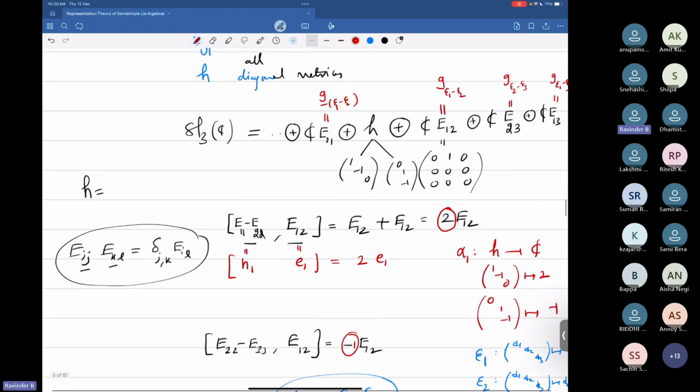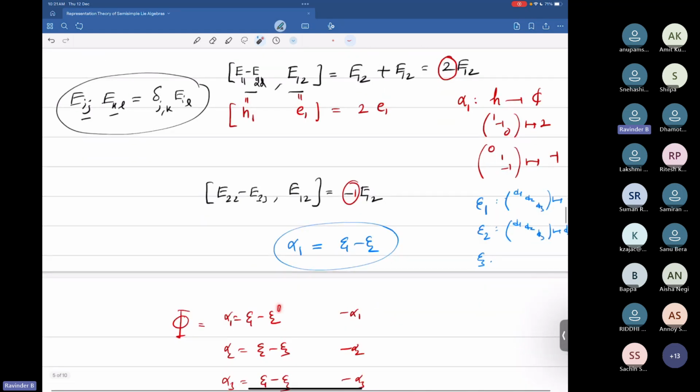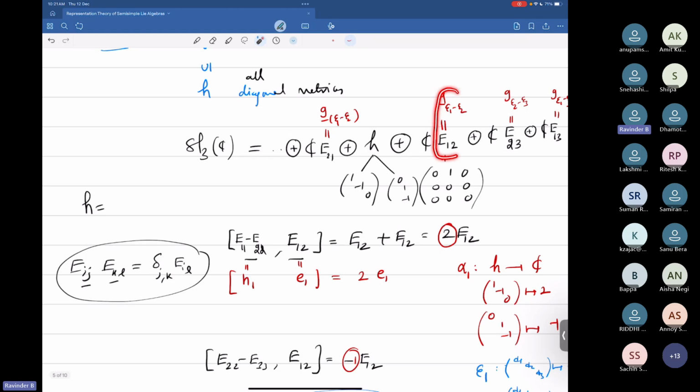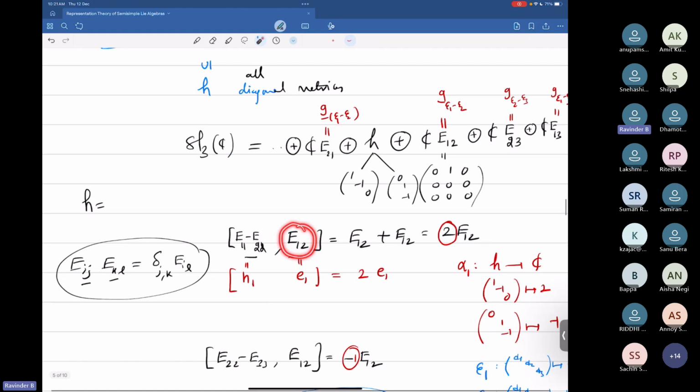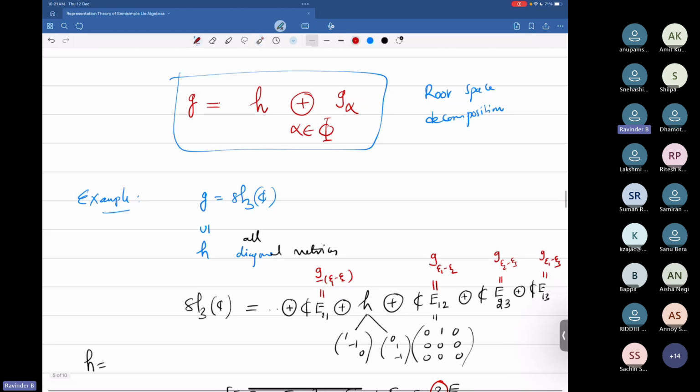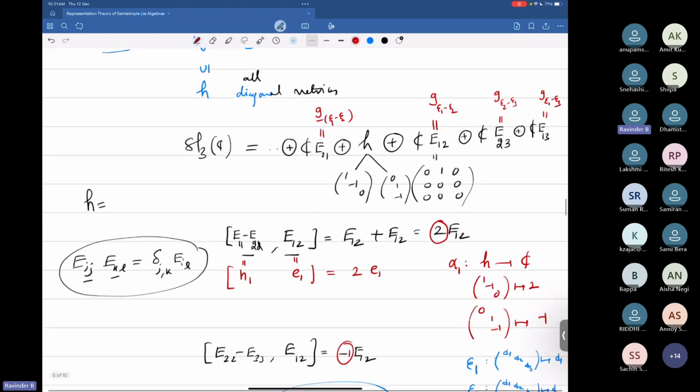And one more thing is happening here with each root. So for example here, epsilon 1 minus epsilon 2 is a root. For each root, you take its root space, let's say E12, right? And that E12 satisfies H1 E1 is 2 E1. And if you want to see the SL2 relations, there should be an F1.